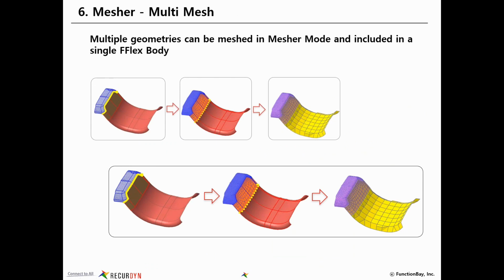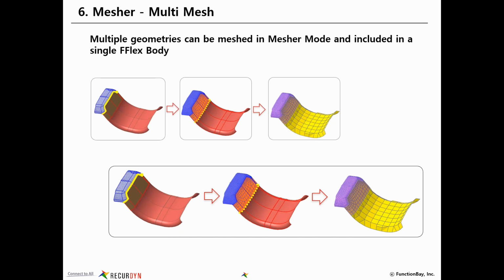And so in V9R2, to back up a little bit, oftentimes when you import geometry from CAD, the way that it's imported actually contains multiple solid bodies in what's considered one body in RecurDyn. When you were meshing these bodies in V9R2, the only way you could really deal with that was by using a unite feature in RecurDyn.